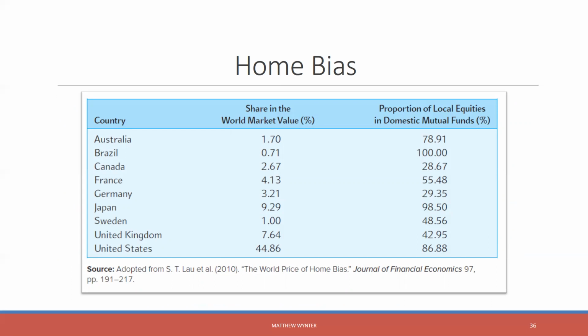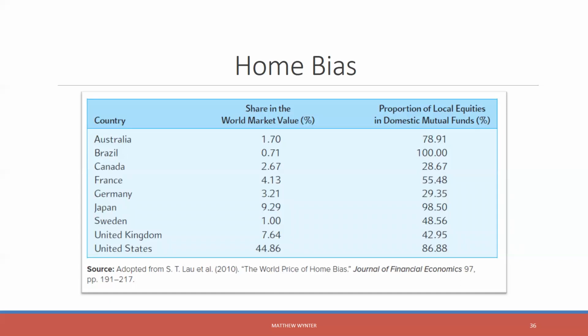What do you observe? Hopefully you observe that despite all of these markets having a considerably smaller share of the world market portfolio, investors in each of these markets overweight their domestic securities relative to the weight of those securities in the world market portfolio. Australia is responsible for less than a 2% share of the world market portfolio, but Australian domestic mutual funds invest nearly 80% of their capital into Australian equities.